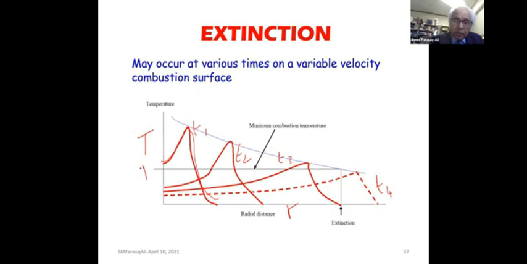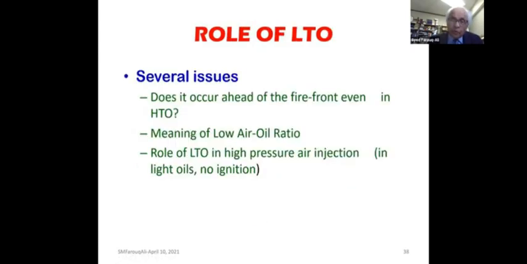And this is the minimum combustion temperature. So the front temperature has now gone below the minimum combustion temperature. So at this radius, extinction has occurred. The fire has gone out. So that is one of the key factors you have to calculate to see how far the well should be.